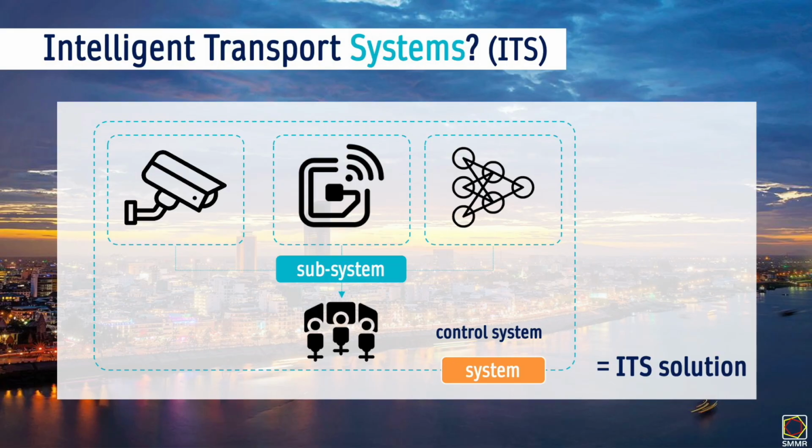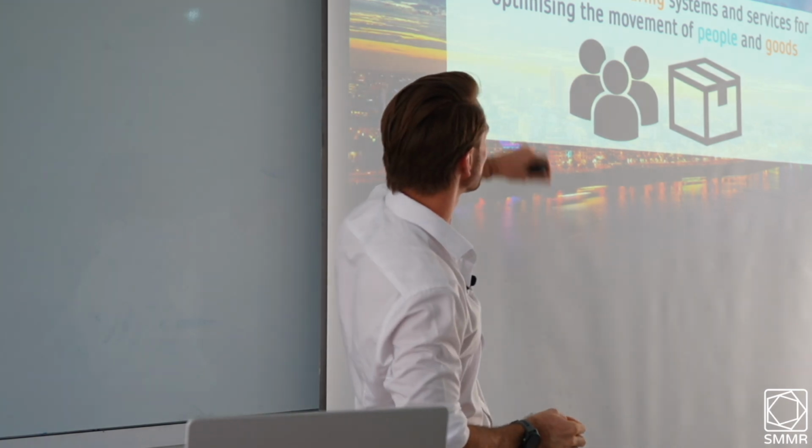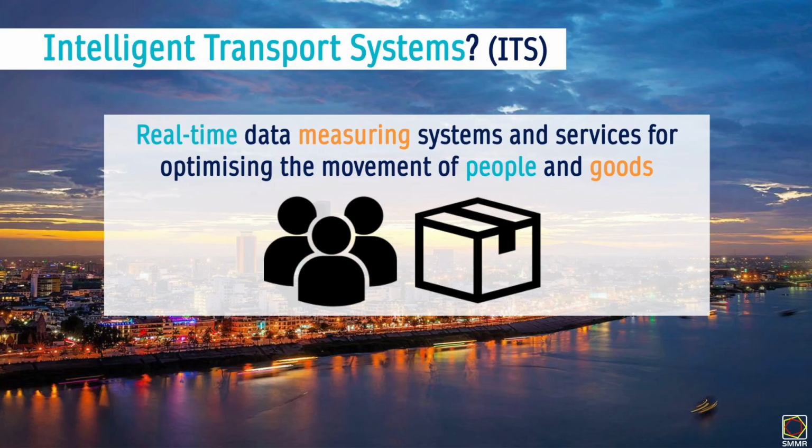So sometimes you have cameras, but the camera is only useful if it plugs into a software, and that software needs to be monitored by some controller somewhere, and only when it all comes together do we have an ITS solution that we can use to manage traffic. ITS, we could define it as real-time data measuring systems and services for optimizing the movement of people and goods.